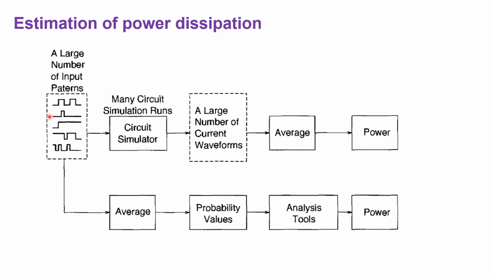In the probabilistic approach, first the signal is given to the circuit. We are going to estimate each and every input, whether it is a static input or a dynamic input, and the probability of the input. Those probability values are estimated.